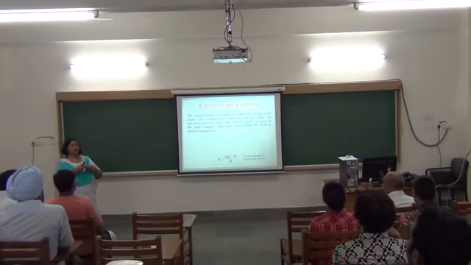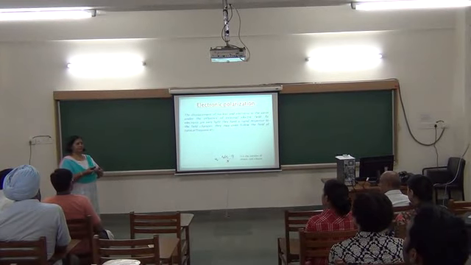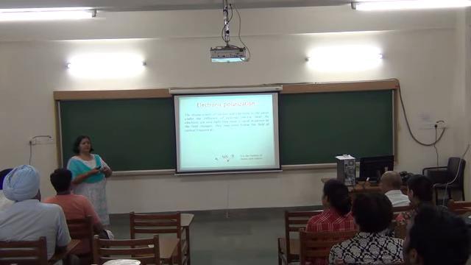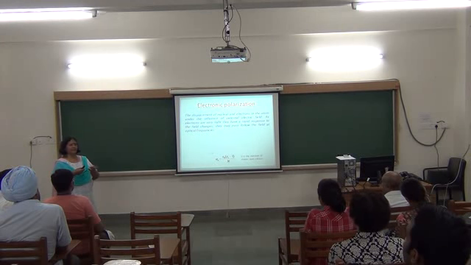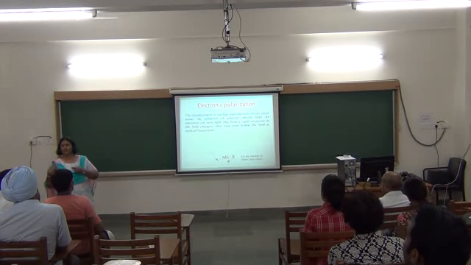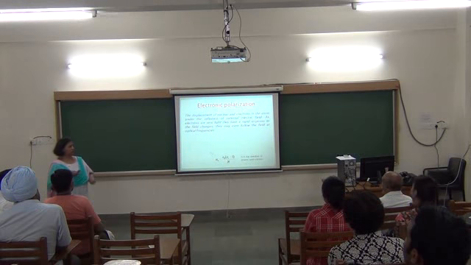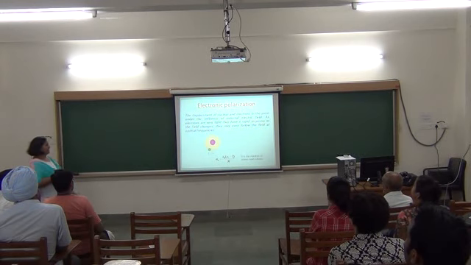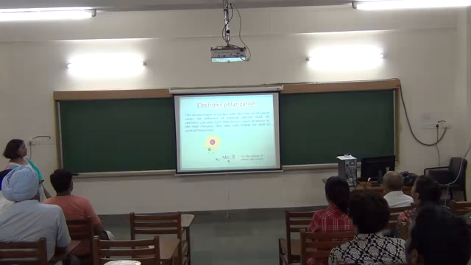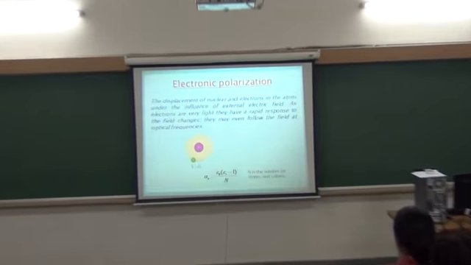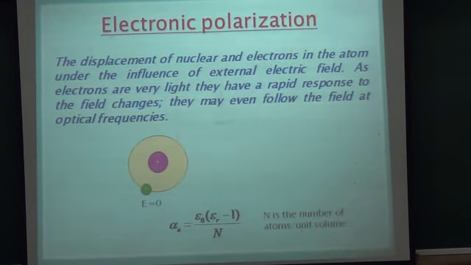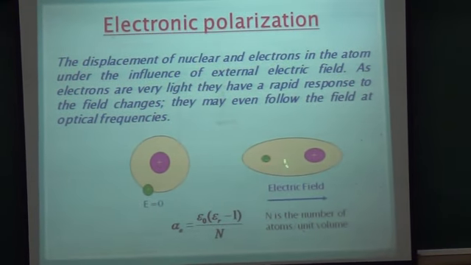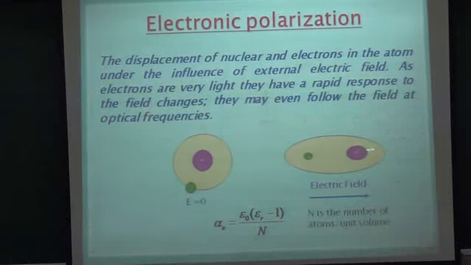But as soon as I apply the external electrical field, since the electrons are lightweight, they will be displaced slightly towards the positive side. So I have this electrical field 0, this is the position, and when I have the field, it will be like this.